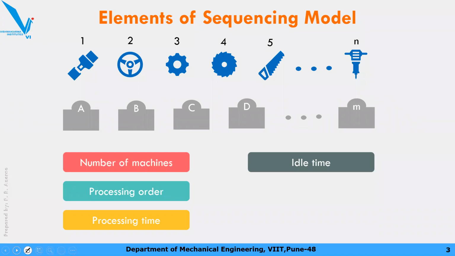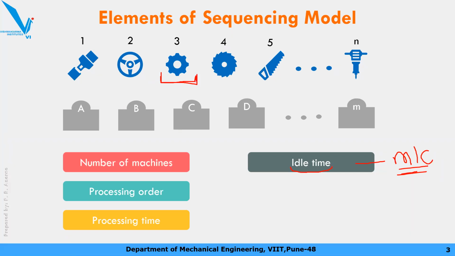Then idle time. When we say idle time, this idle time is related to only the machine. When we calculate idle time, we calculate the idle time of only the machine, that is, the period in which the machine is idle. There is another view of it. I'll elaborate this with an example.